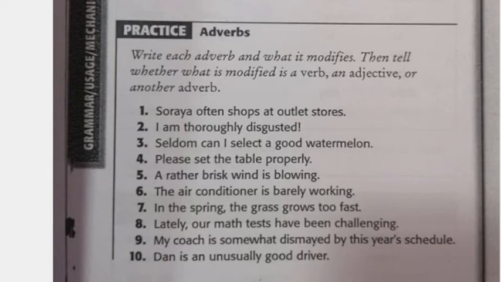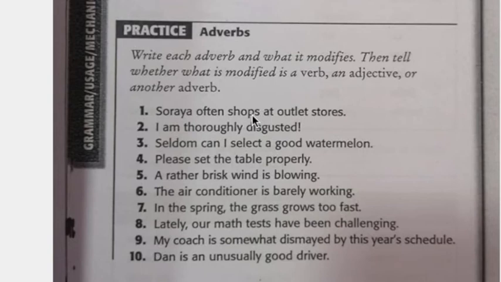Adverbs. Now, the instructions for this activity: write each adverb and what it modifies. Then tell whether what is modified is a verb, an adjective, or another adverb. So we have here items 1 until 10.